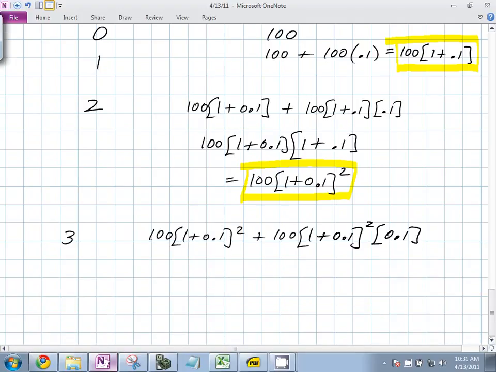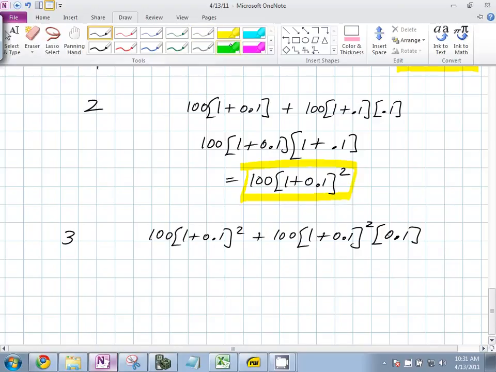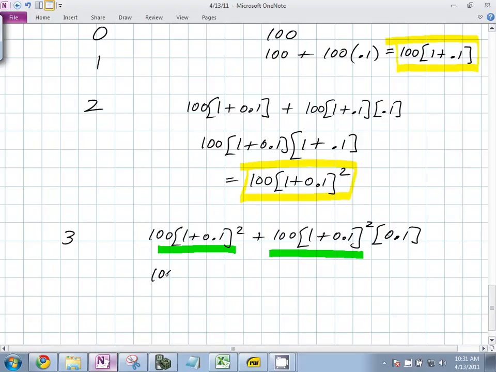What's in both of these? Yeah, this is in both, so what can we do? Factor it out. 1 plus 0.1 squared times what? 1 plus 0.1.